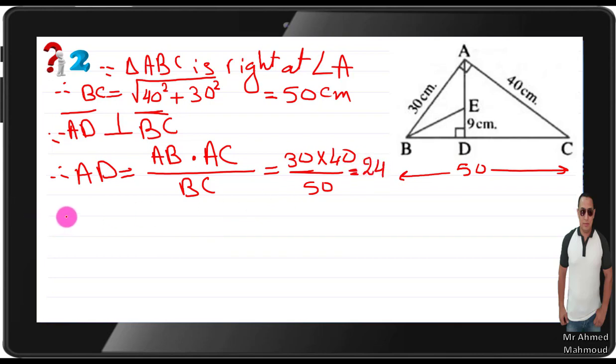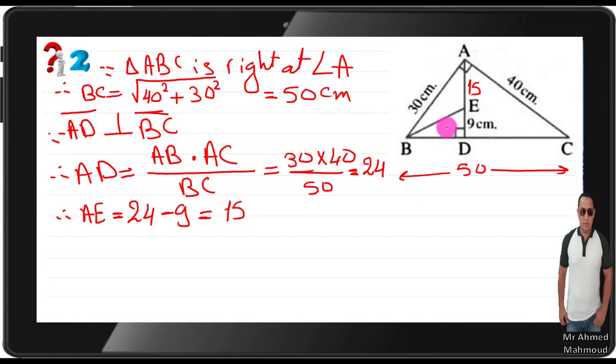Therefore AE equals 24 minus 9, which equals 15 centimeters. So AE equals 15 centimeters.